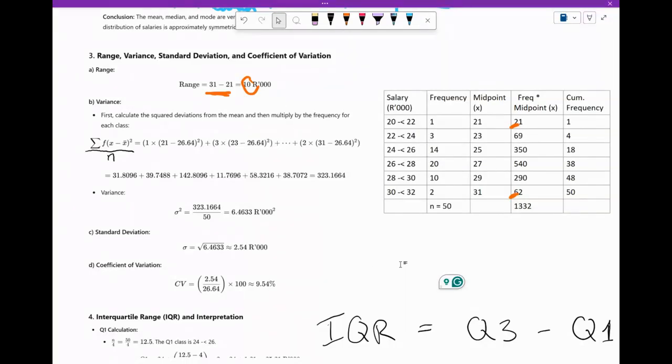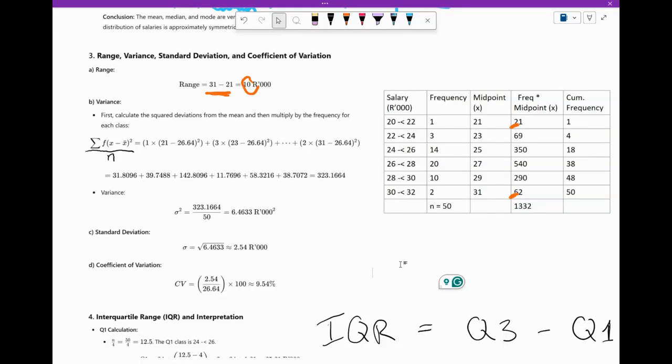Here, we're saying, what is the midpoint minus the average, the mean, squared, times the frequency of each class. Because remember, we have to operate within classes.